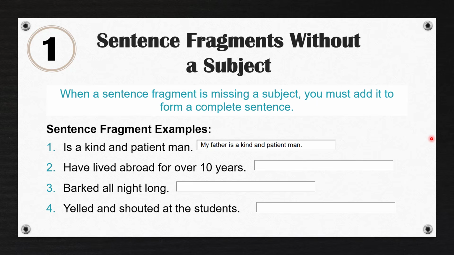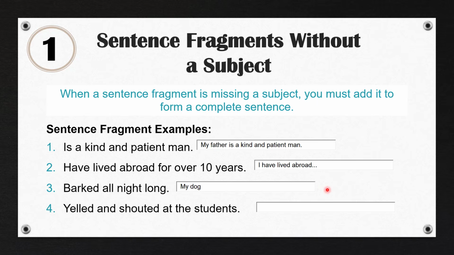Number 2, have lived abroad for over 10 years. Again, we're missing a subject. Who has lived abroad for over 10 years? I have lived abroad for over 10 years. Number 3, barked all night long. Again, we're missing a subject. We have to say who or what barked all night long.